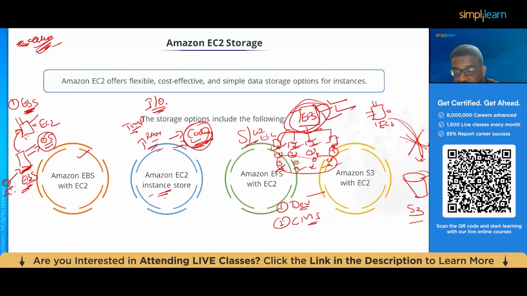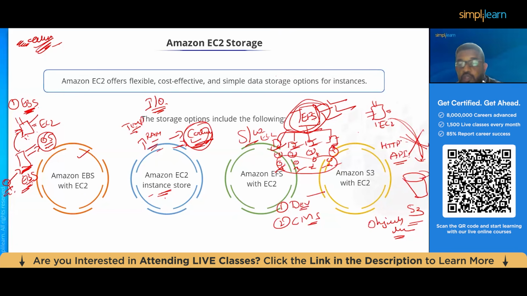S3 stands for Simple Storage Service. It's unlimited storage and it's object level storage, where your EC2 can interact with S3 by using the HTTP API.